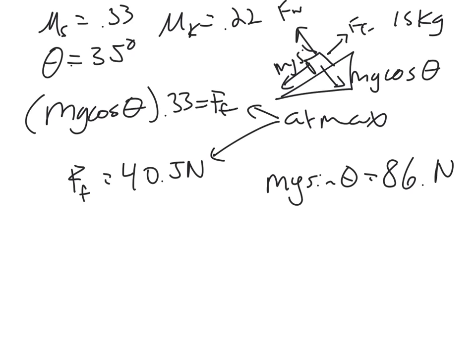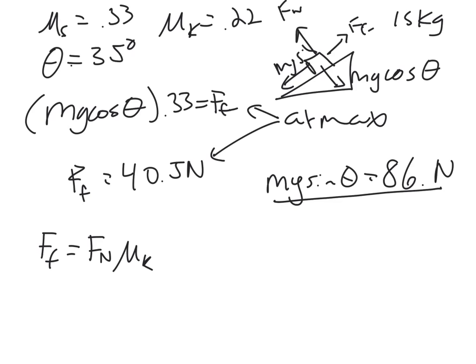So the actual force of friction is going to now be the normal force again, but this time times the coefficient of kinetic friction. Because I know my box is moving, I've got a greater value pulling down the ramp than I do trying to stop it from moving. My box is going to accelerate down the ramp.